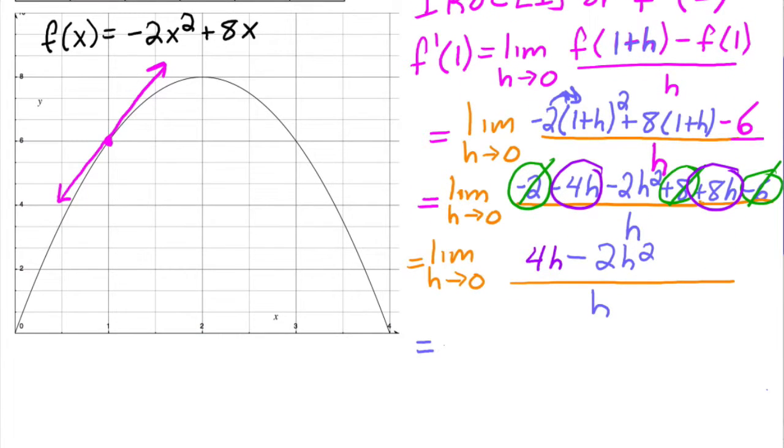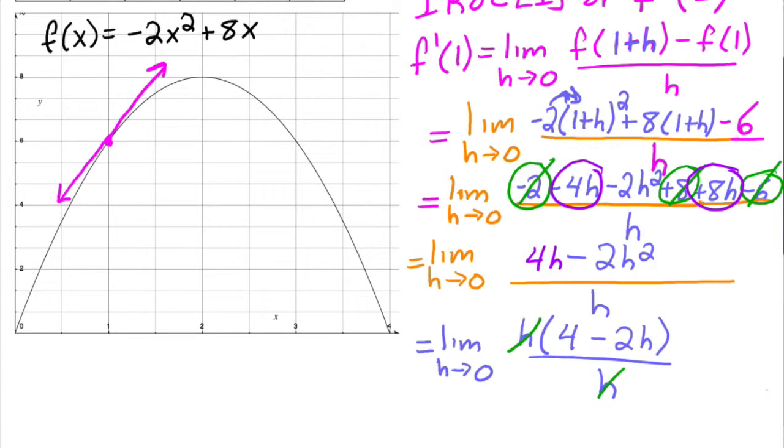Okay, so then this is equal to the limit as h approaches 0. Now you'll notice that if you plug in 0 for h, you get 0 over 0, which is indeterminate, but that's easily solved because you can just factor out an h, and you would get 4 minus 2h over h. You get rid of those guys, and then after that, if you then plug in 0, notice that you'll get the number 4.